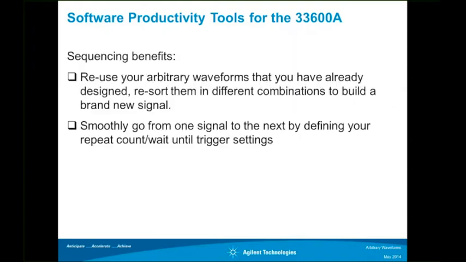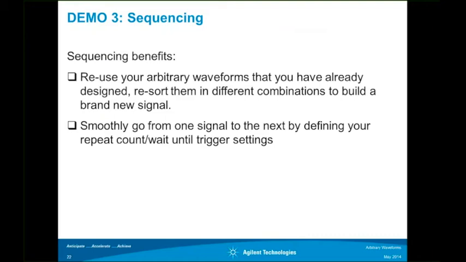So let's talk about sequencing. Sequencing is the ability to resort and reuse your current arbitrary waveforms and put them together in new ways to build a brand new waveform. By allowing you to have the flexibility to mix and match your signals, you can create signals that you need from signals that you've already proven out that are good enough for your design.